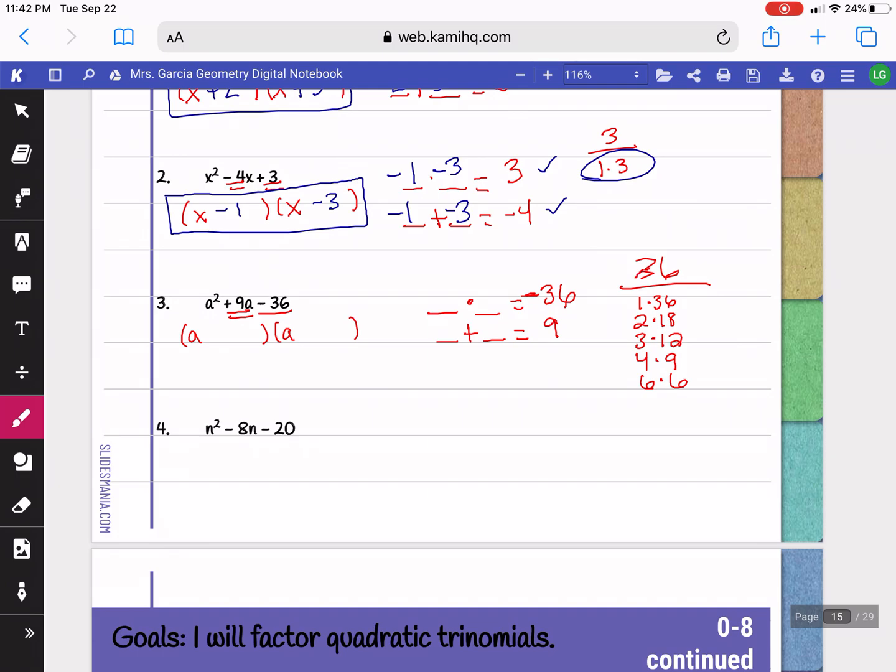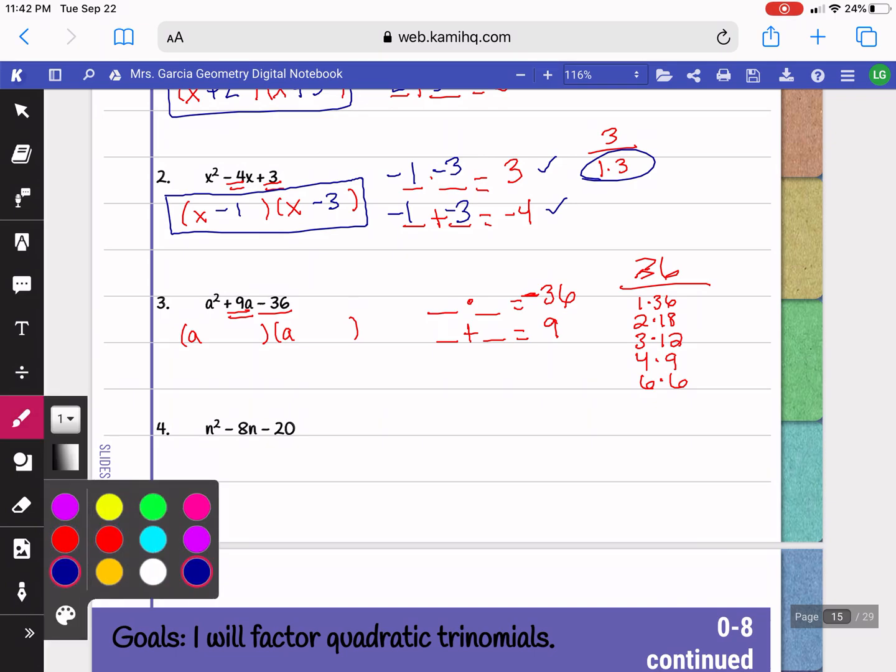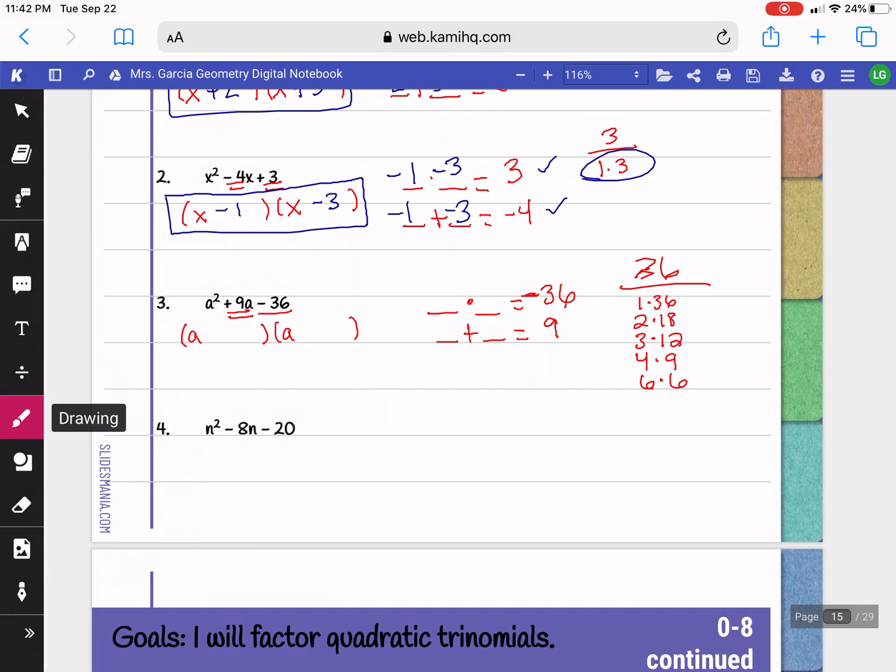So I made a list of numbers that will give me 36 when multiplied. I want to know which numbers from this list add or subtract to 9. So if I look at my numbers here, if we subtract 12 and 3, we'll get a 9. So I'm going to fill in my blanks with a 3 and a 12. Now I can worry about which one's negative. So if you want to use 3 and 12 to get 9, you would have to subtract. That means only one of them has to be negative.